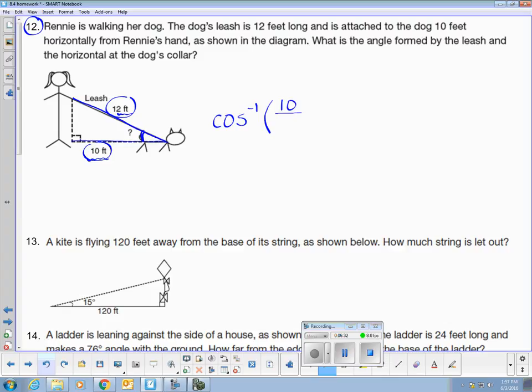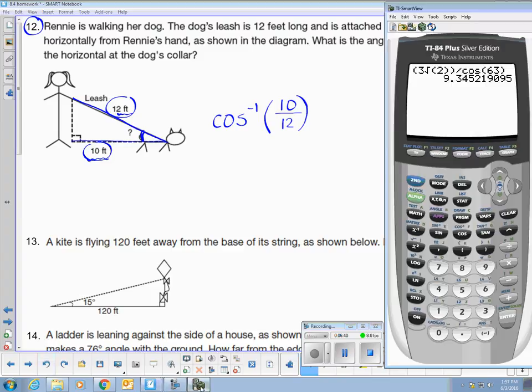And that's divided by the hypotenuse, which is 12. So finding the measure of an angle, I need to use my second function, cosine. 10 divided by 12 gives me an angle of about 33.6 degrees.